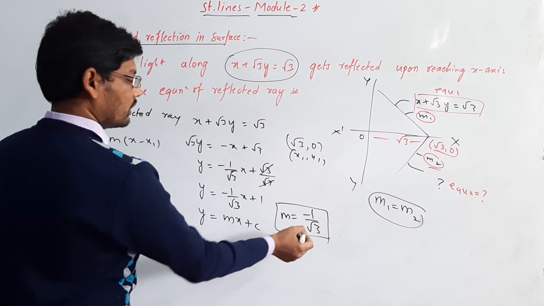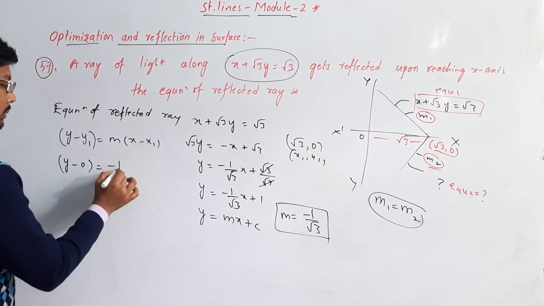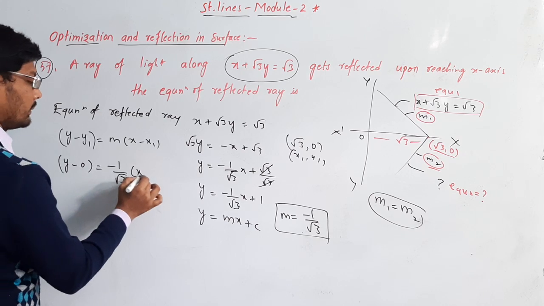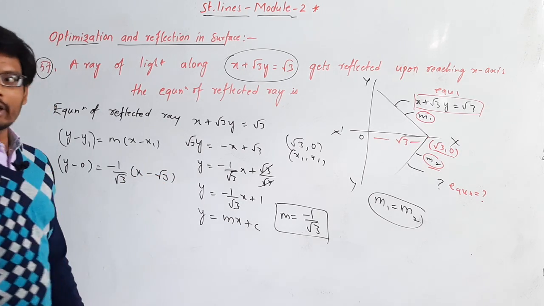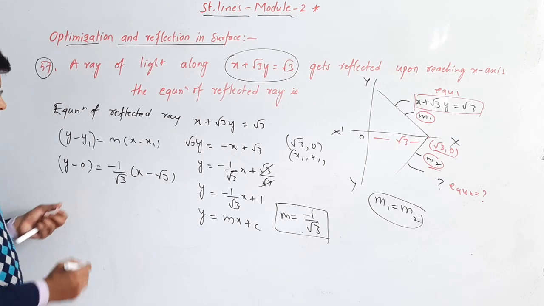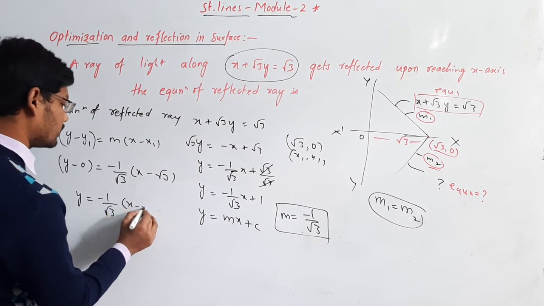Substituting, y minus 0 is equal to minus 1 by root 3 into x minus root 3.